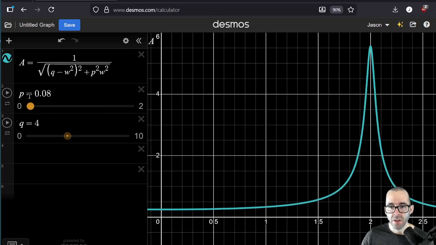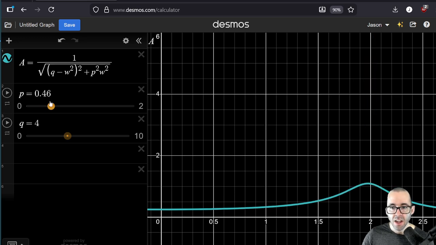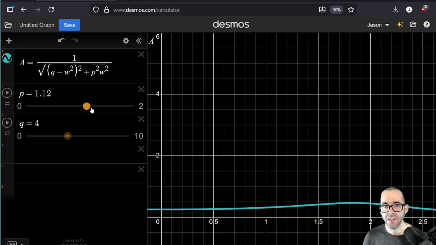So the less we're damping, the more that force frequency being close to the natural frequency is going to impact it. The more damping that we have, the less so that's going to matter. Okay, so we can kind of mask that pesky, crazy amplitude behavior by increasing the damping.